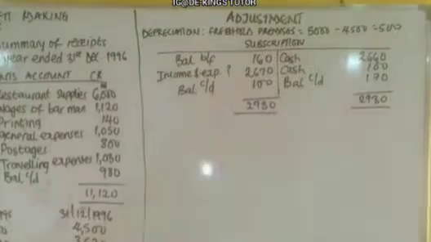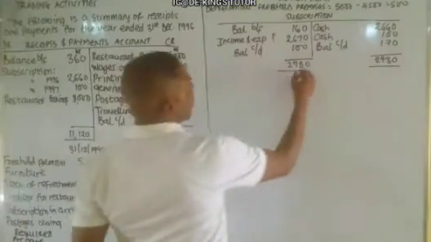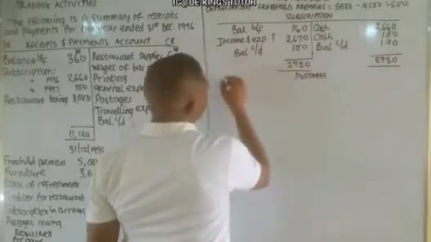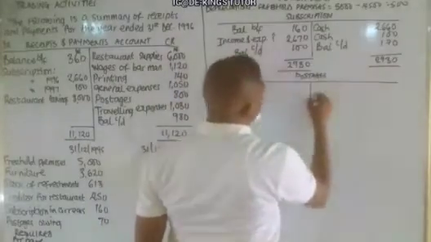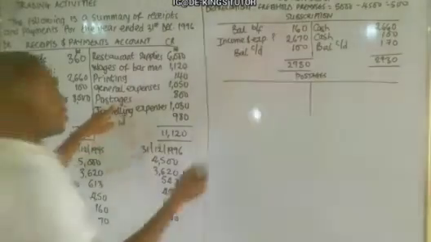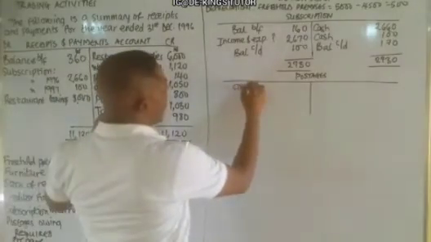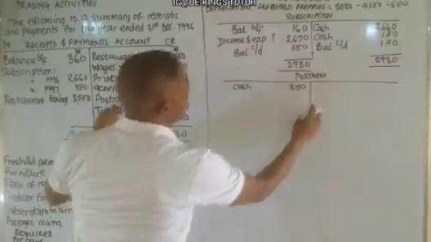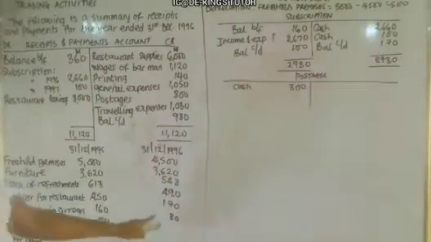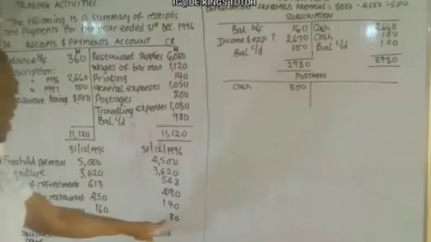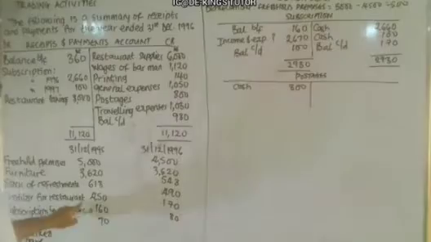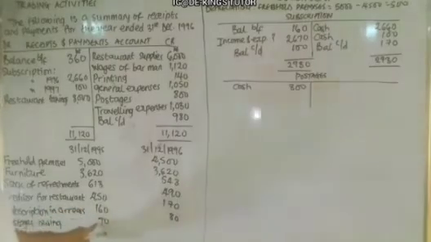Now the next one is postage. Now we have postage here that was paid. So the corresponding entry comes here as cash, 800. Okay. Now they say postage owing. Now for the current year we are to add, while for the first year, like what we did for subscription, we are to less.